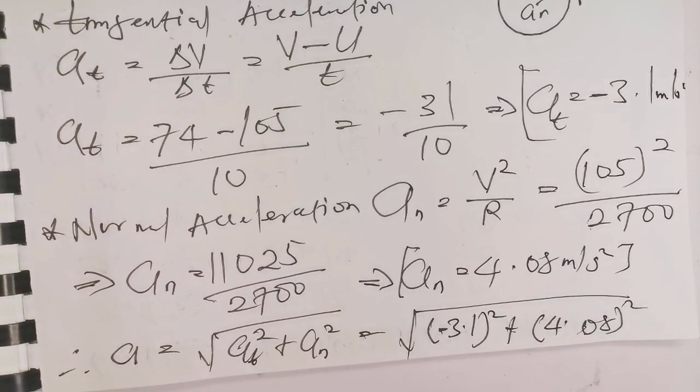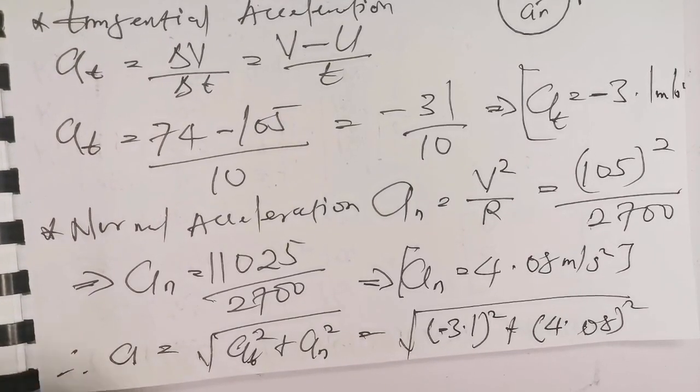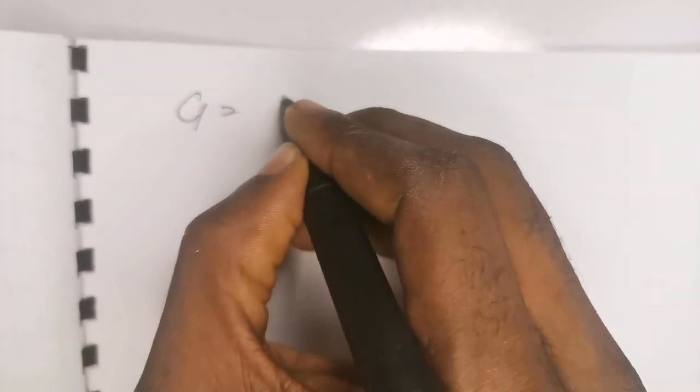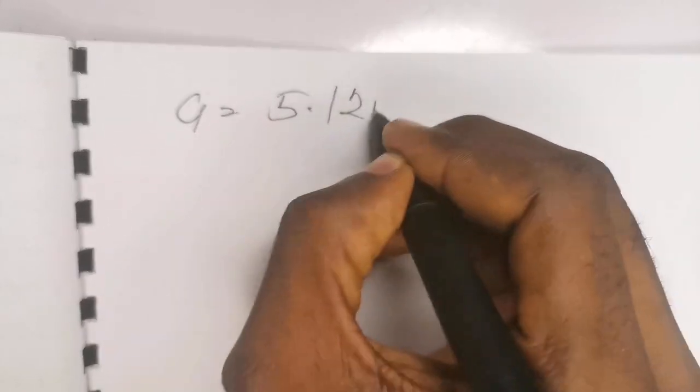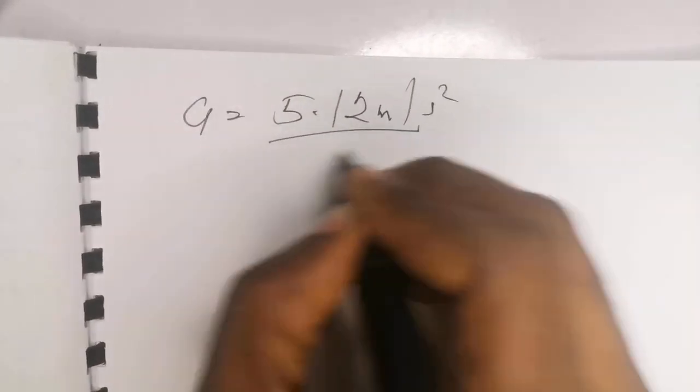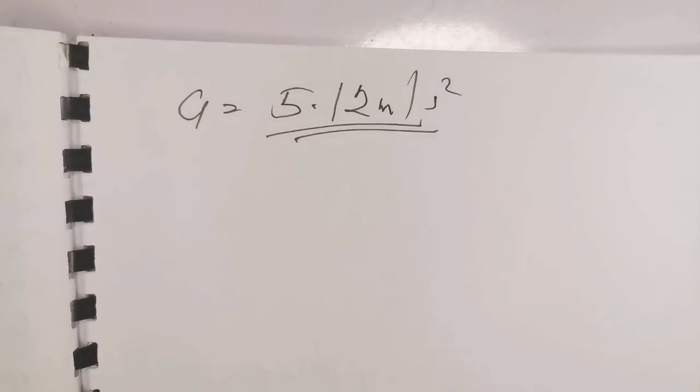So let's punch everything together. Punching everything together and taking the square root, we have the acceleration to be 5.12 meters per second squared. So this is the acceleration of that vehicle moving around the curved path.